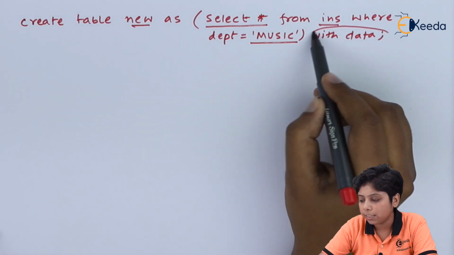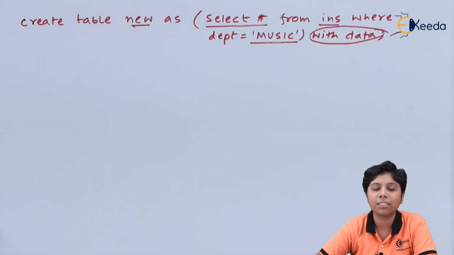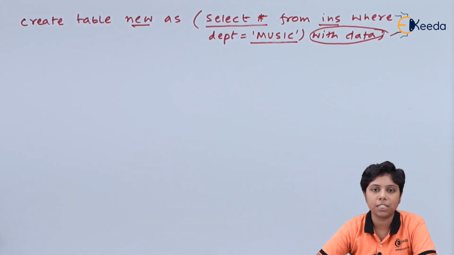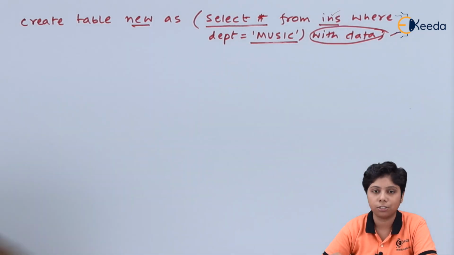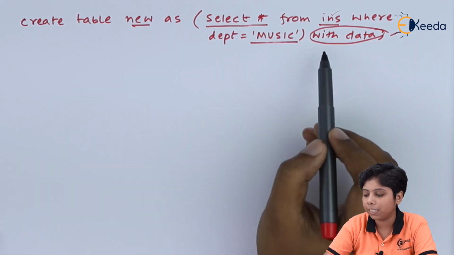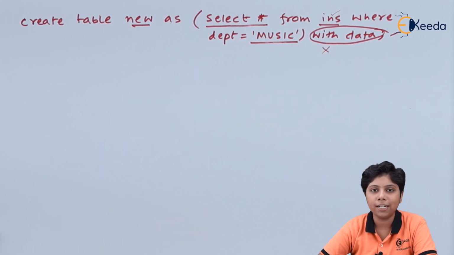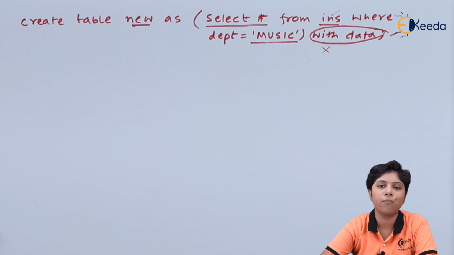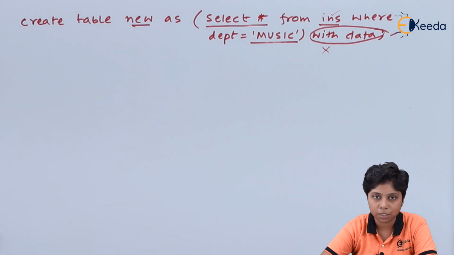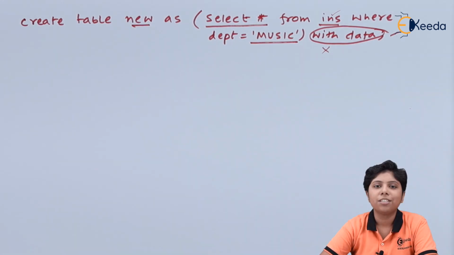Now this with data clause specifies that the table will be created not only with the existing structure but also with all the data, the tuples and records of the relation instructor. If we omit the with data clause, then only the table structure will be copied to create the new table, not the data. So that is all for the creation of tables and schema definition.